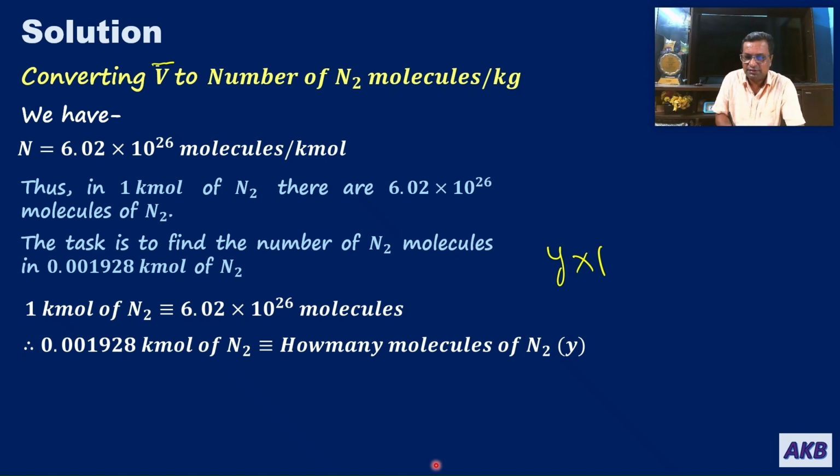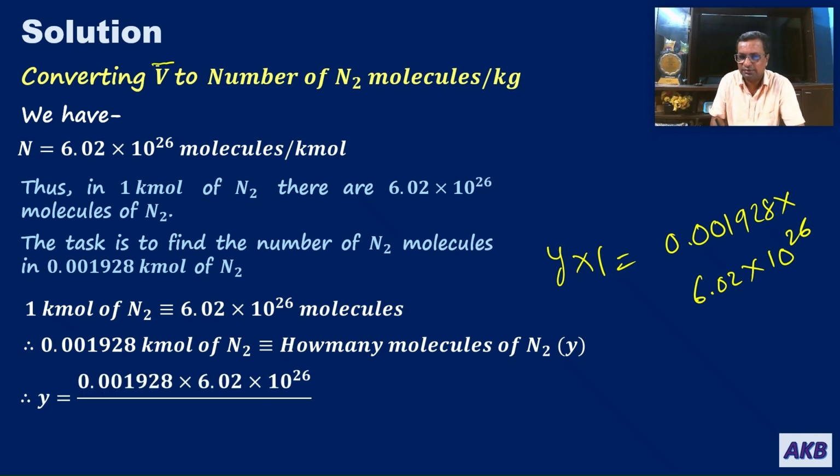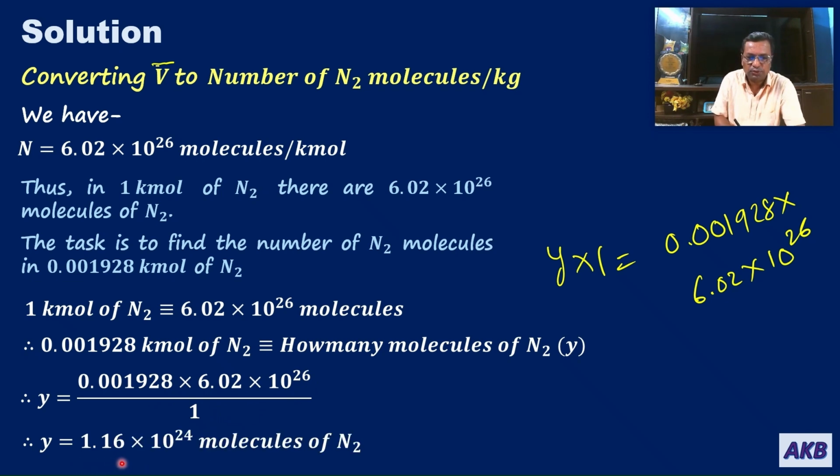Then Y is equal to 0.001928 into 6.02 into 10 to the power 26 divided by 1. That gives me Y as 1.16 into 10 to the power 24 molecules of N2.